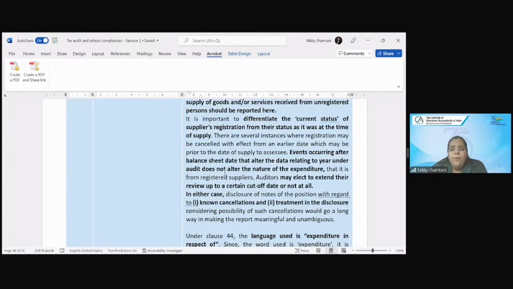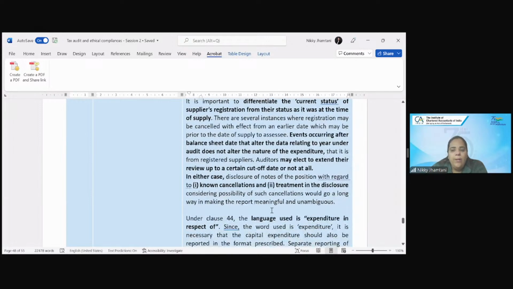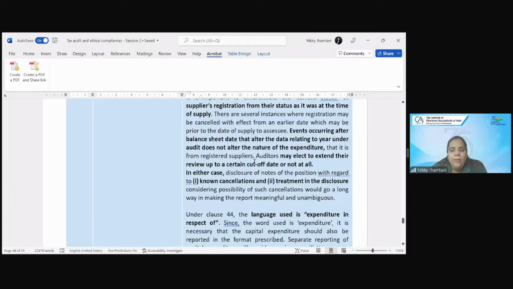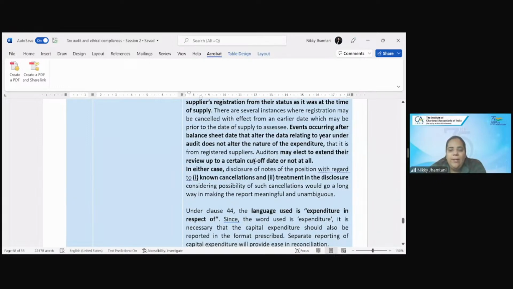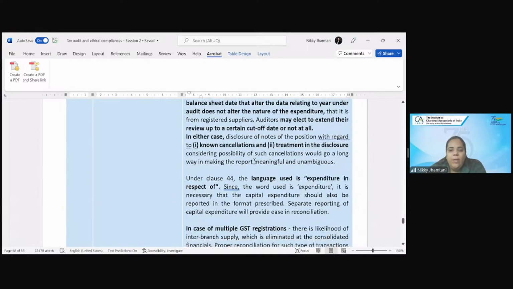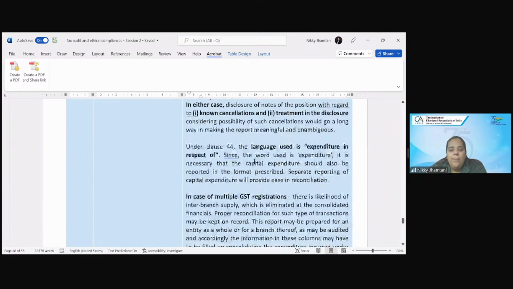Events occurring after the balance sheet date that alter the data relating to the year under audit do not alter the nature of the expenditure that is from the registered suppliers. Auditors may elect to extend their review up to a certain cutoff date or not at all. In either case, disclosure in notes of the position with regard to known cancellations and treatment in the disclosure considering possibility of such cancellations would go a long way in making the report meaningful and unambiguous.